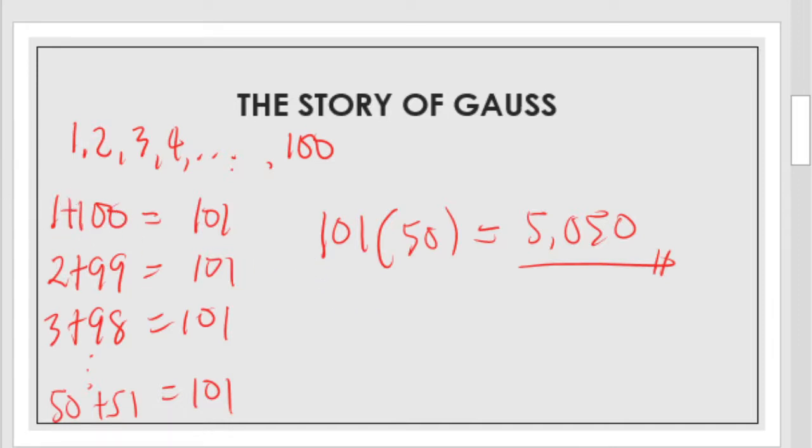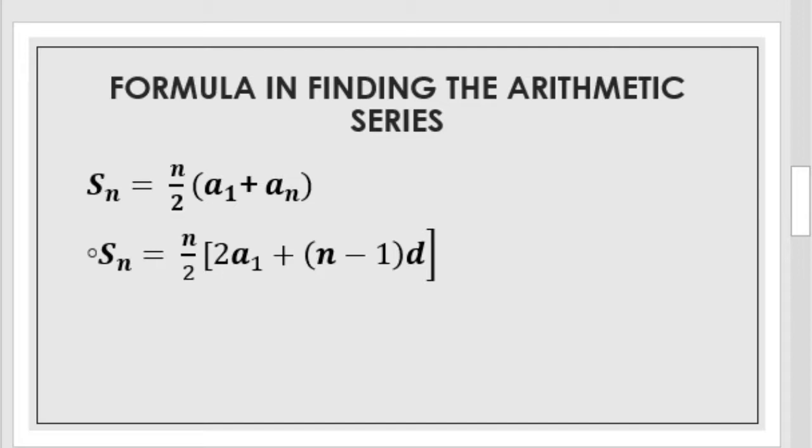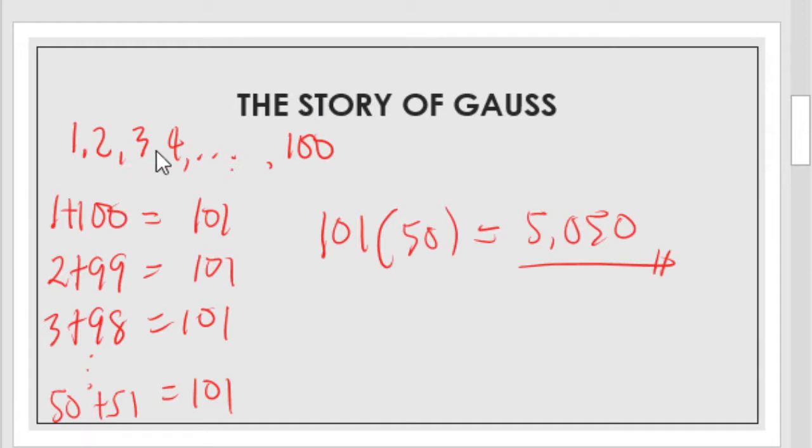Now, let's have the formula in finding the sum of an arithmetic sequence. Why did we bring up the story of Gauss? It's because this is very related to our topic. This is addition, the addition of the terms.